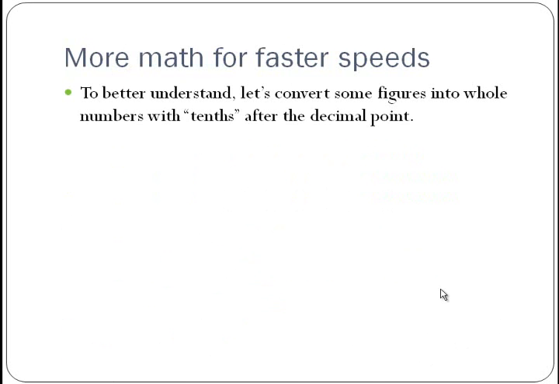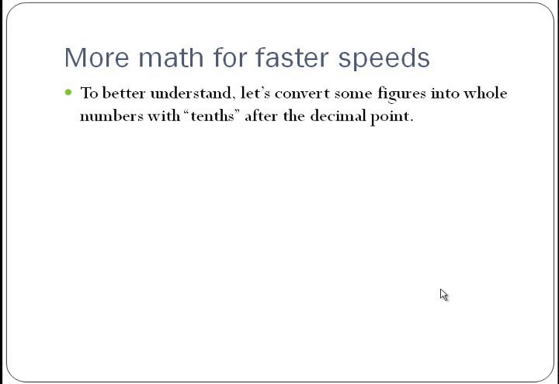More math for faster speeds. This is how we're going to do the math to help you understand better. Let's convert some figures into whole numbers with tenths after the decimal point. You'll remember that if you have 1.1, that's 1 1/10. Anything after the decimal point, we speak of as tenths.